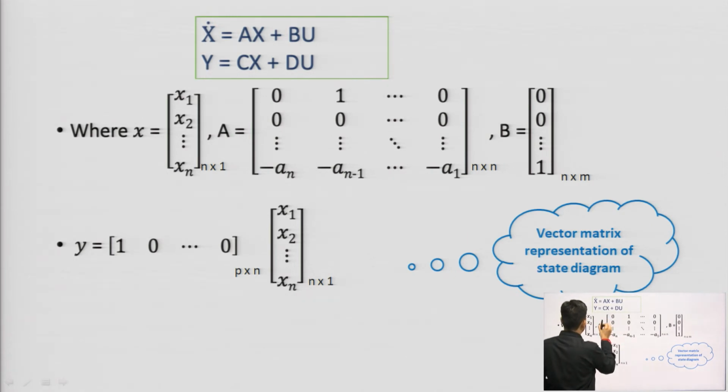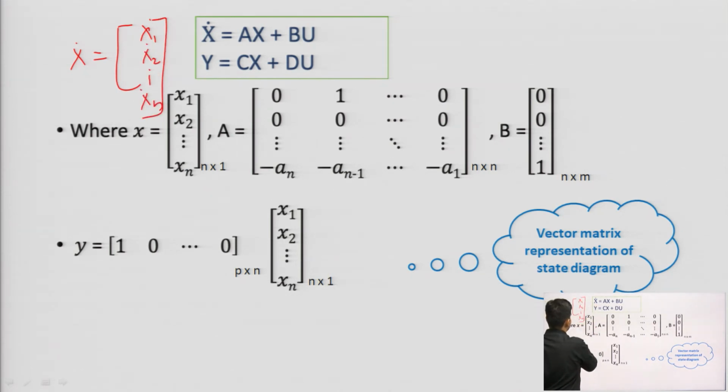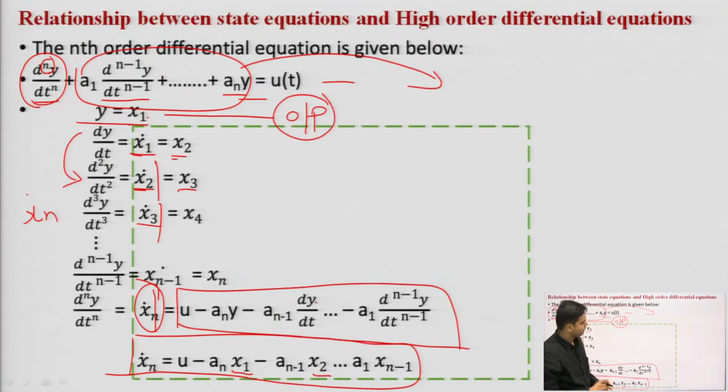So, if I see the matrix, the x dot equation or matrix would be given as x 1 dot, x 2 dot till x n dot, okay. And the A matrix, you can say 0 of 1, okay, because in the A matrix the first element, the x 1 coefficient, is 0.